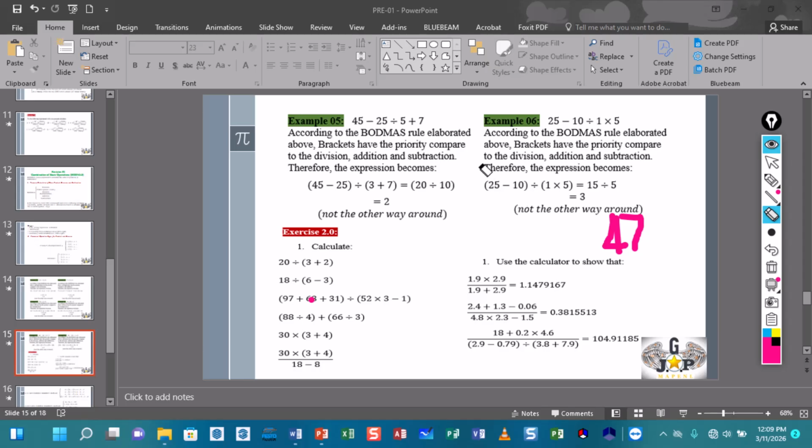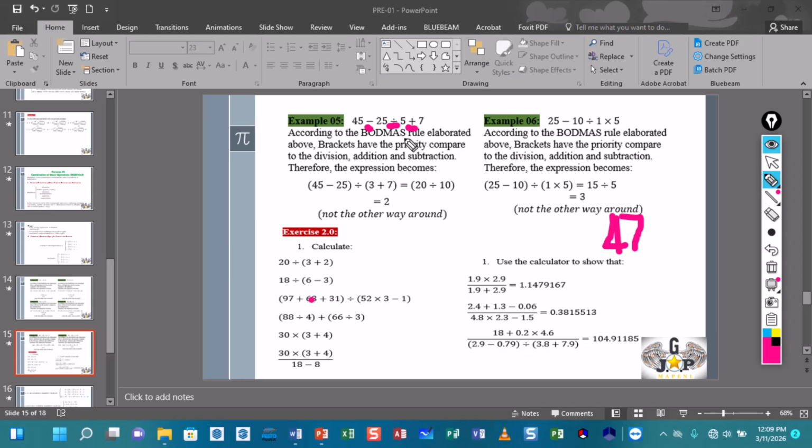Now, in my understanding, when I have something like this one, the first thing I do, I can see that I have a greater operator here, which is the division, and I have another operator here, which is subtraction, and let's say there is an addition there.